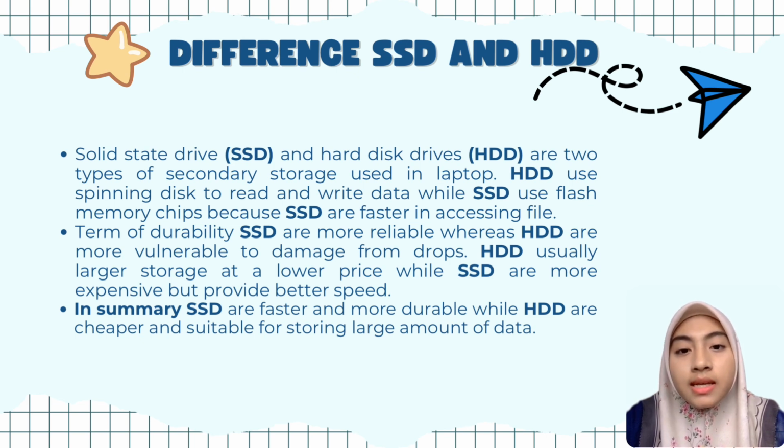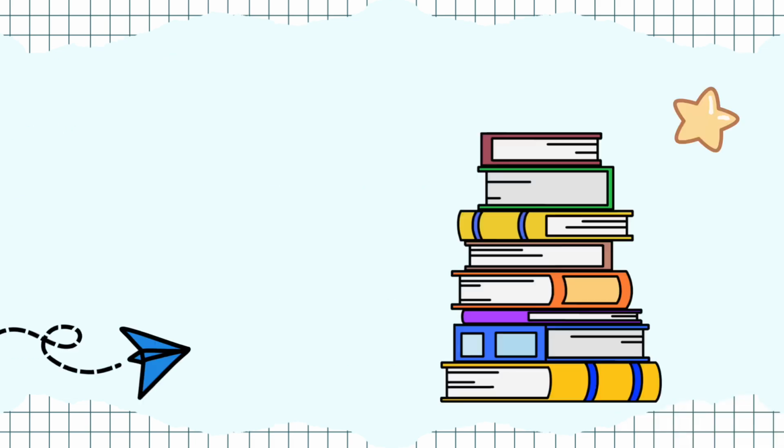HDD usually has less storage at a lower price, while SSD is more expensive but provides better speed. In summary, SSD is fast and more durable, while HDD is cheaper and suitable for storing a large amount of data.